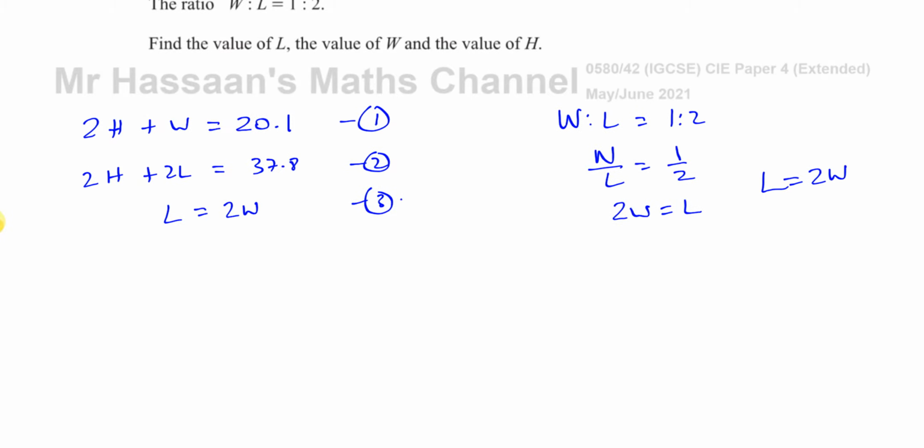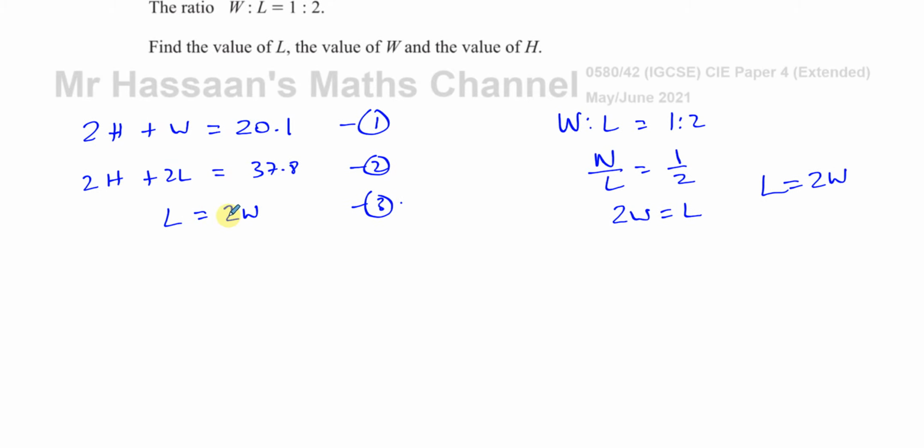Now what I can do is replace the L here with 2W. So I can have equation 1 as it is, 2H plus W equals 20.1. And I substitute equation 3 into equation 2: instead of L, 2W.